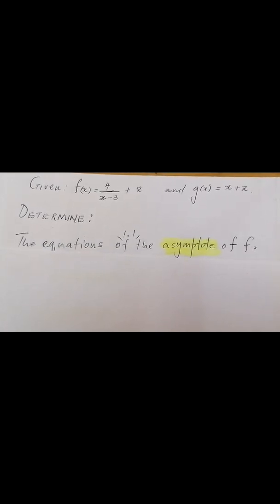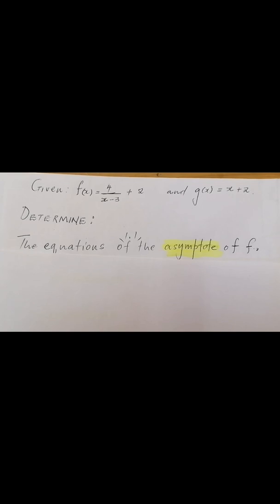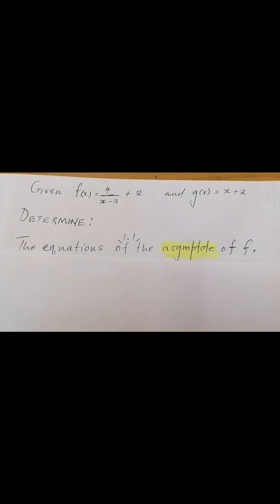Now, what is an asymptote? An asymptote is a line that the graph approaches, but it never touches. I repeat, asymptotes are lines that the graph will be approaching, but it will never touch. Why is it not touching?